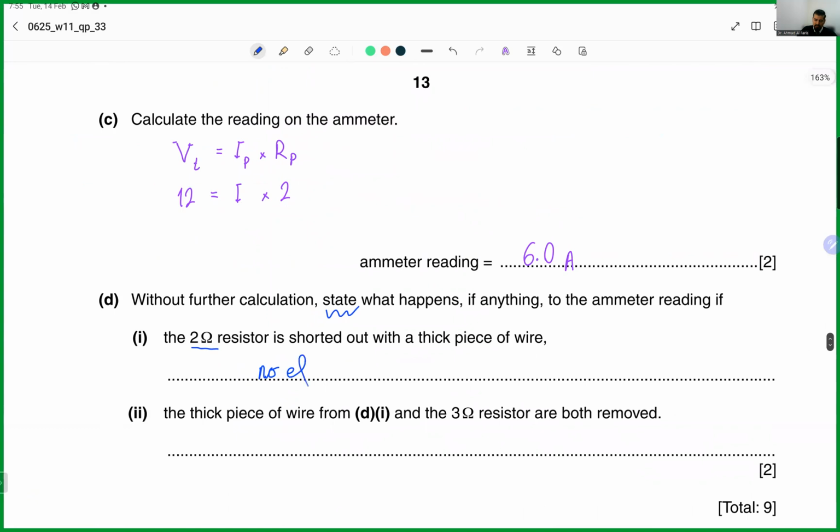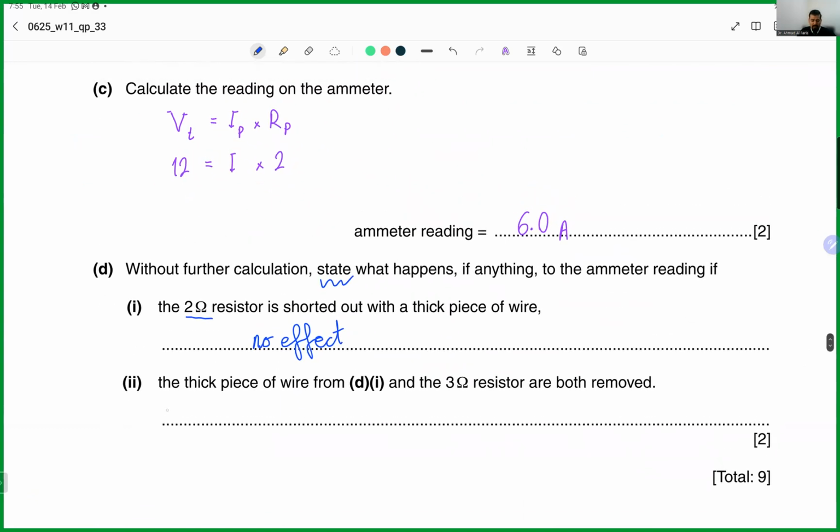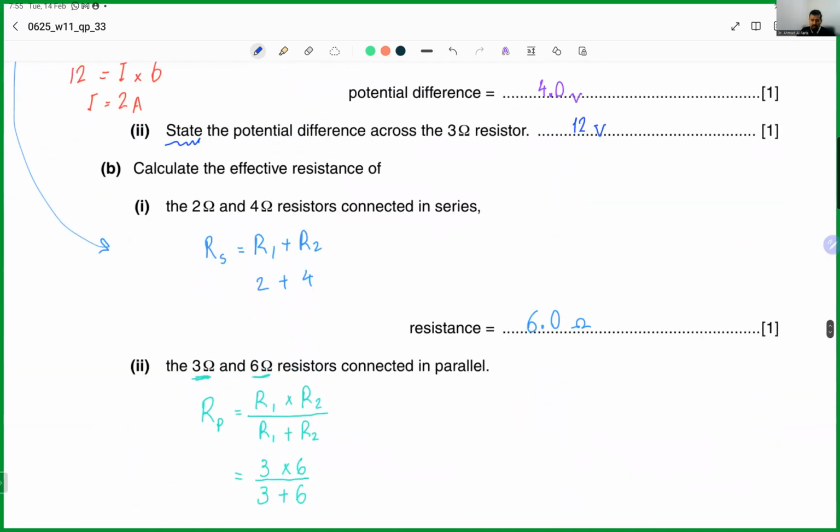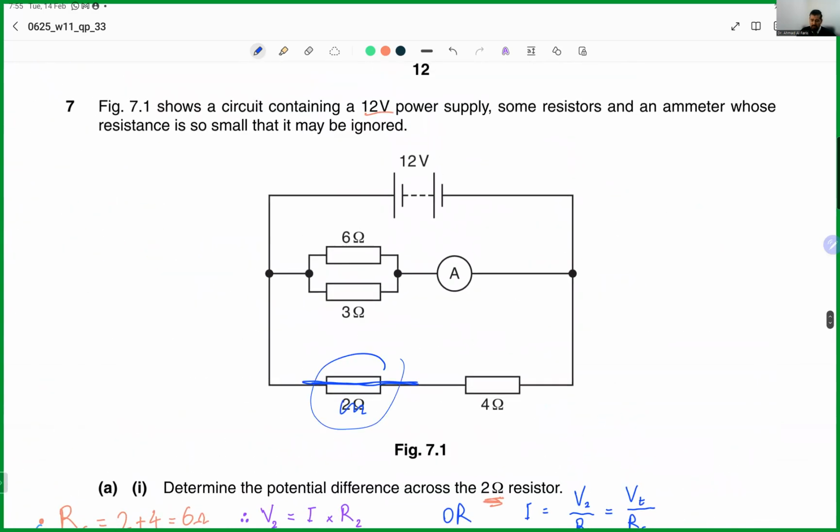No effect. But for the next part, the thick piece of wire doesn't have an effect, and the 3-ohm resistor are both removed. If I remove this one, there is no current here. If I remove this one also, the combined resistance, instead of being 2 ohms, will be only 6 ohms.